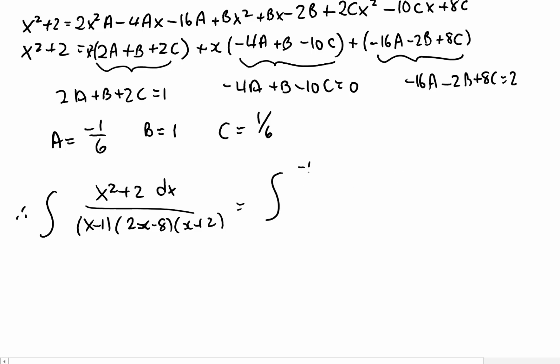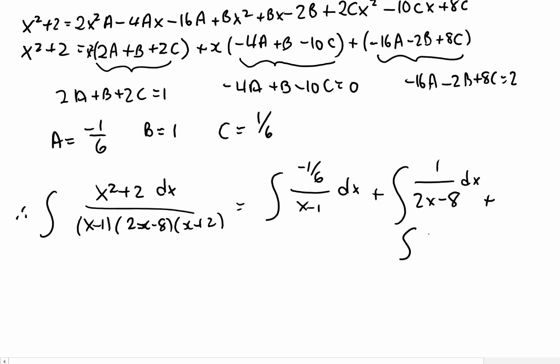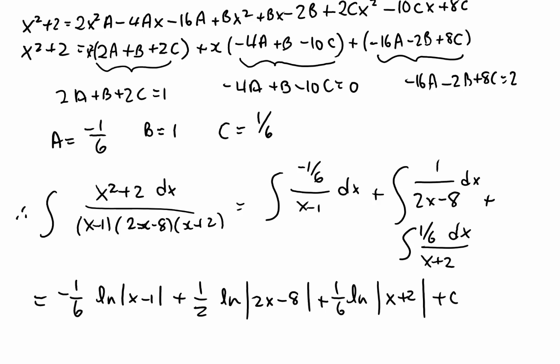One with the a value of negative 1/6 over x minus 1, second with the b value of 1 over 2x minus 8, and the third piece with the c value of 1/6 over x plus 2, for which we can quite easily integrate each of these pieces to get a final solution, as shown.